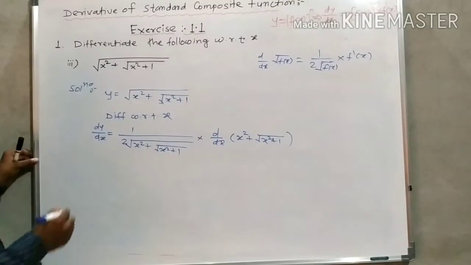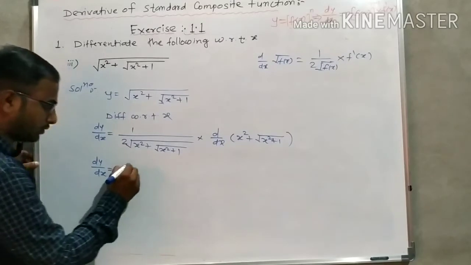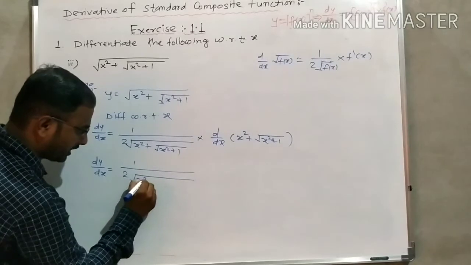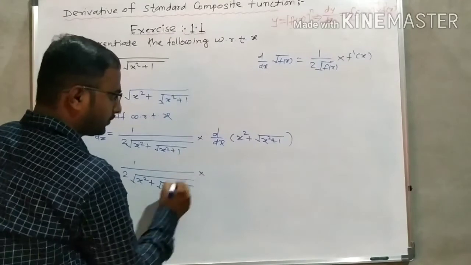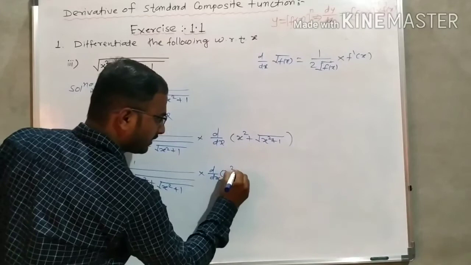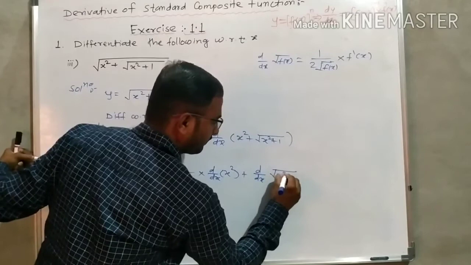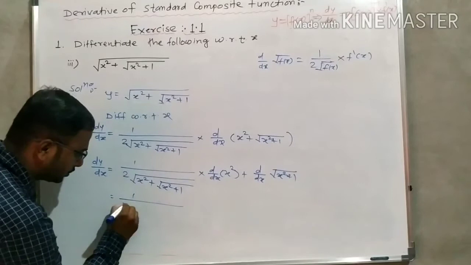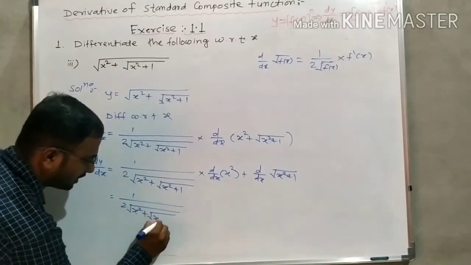So now dy by dx is equal to 1 upon 2 square root of x square plus square root of x square plus 1, as it is, into the derivative of x square plus the derivative of square root of x square plus 1.